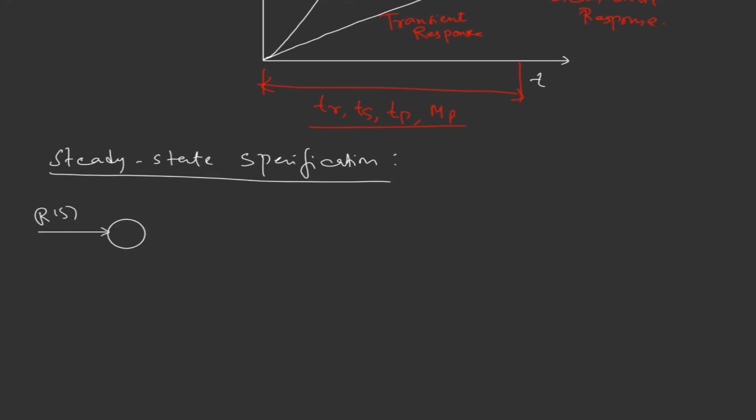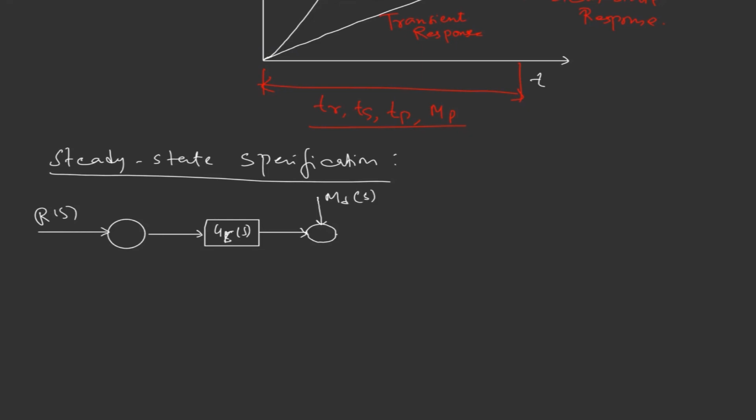This is my R of S, and we have the controller GC of S. We have not used disturbance in the previous cases, but continuous disturbance may act in the system practically, which causes the problem of steady state error.